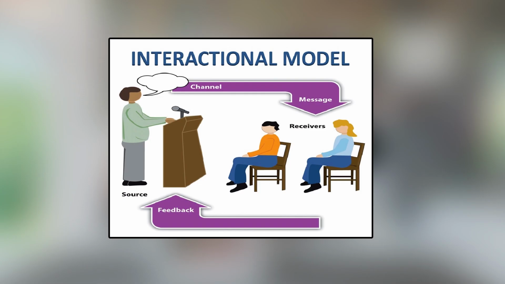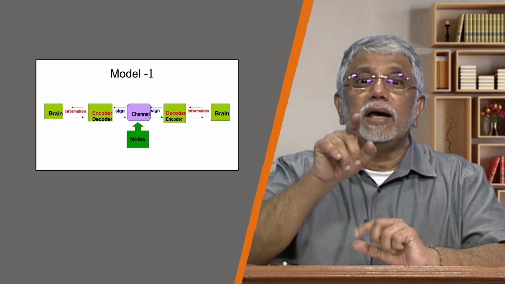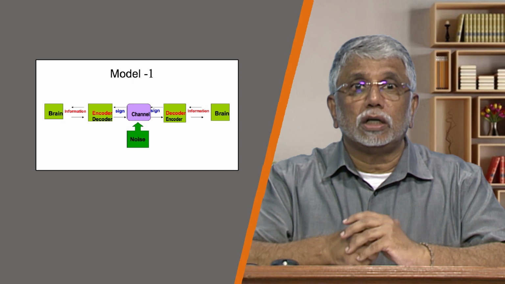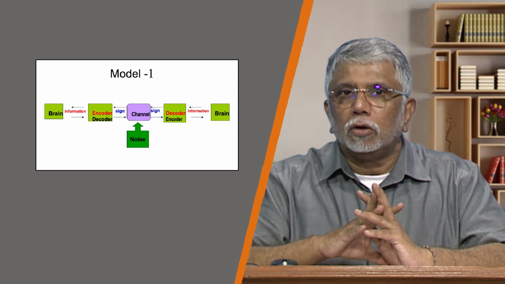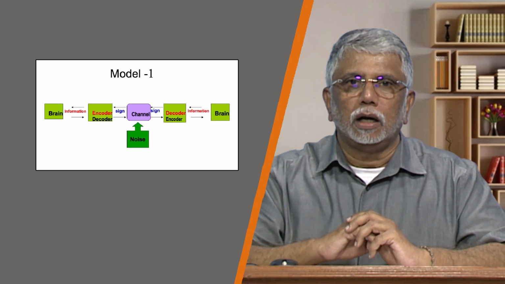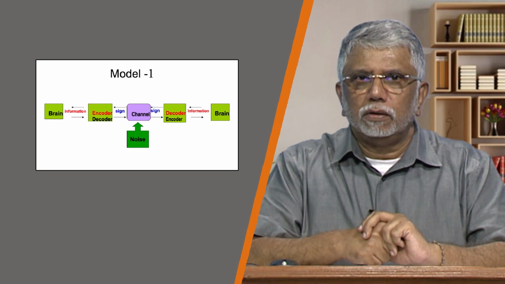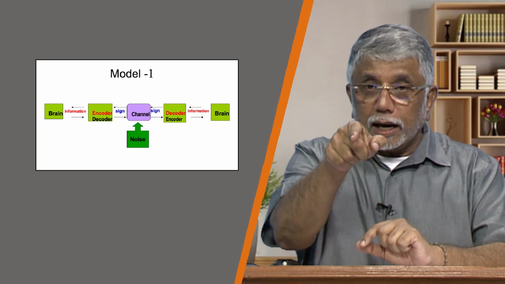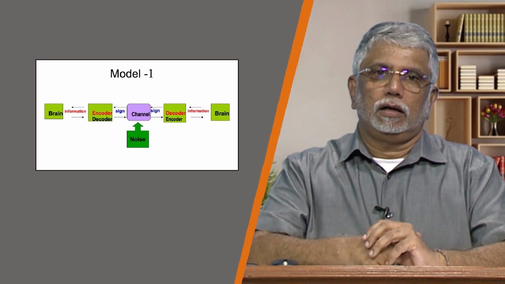of the message. In this particular diagram, this element noise, remember we talked about noise earlier, right, is inevitable. You can't wish it away. There is nothing one can do about completely doing away with noise. That is not possible. In this diagram, noise acts on the channel.